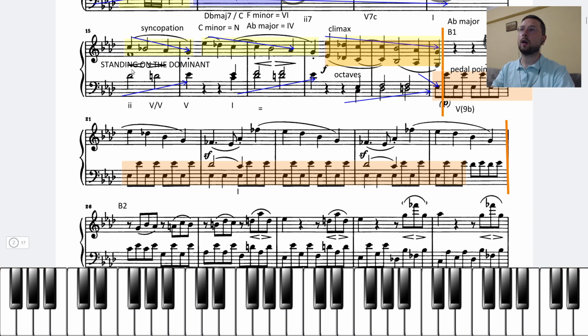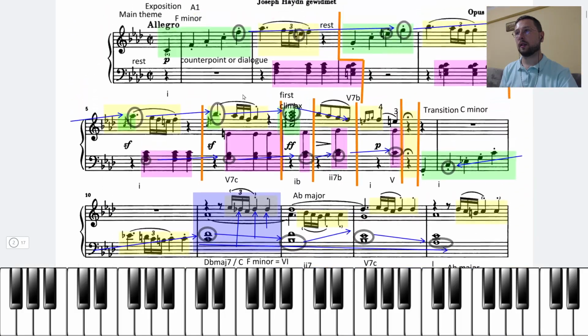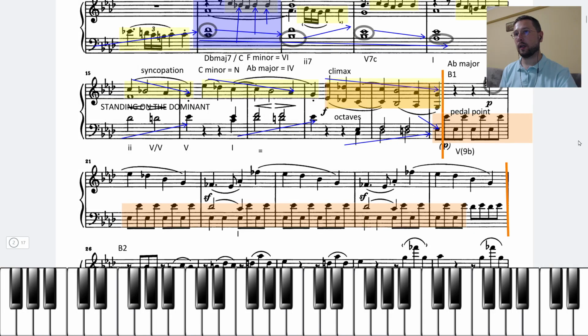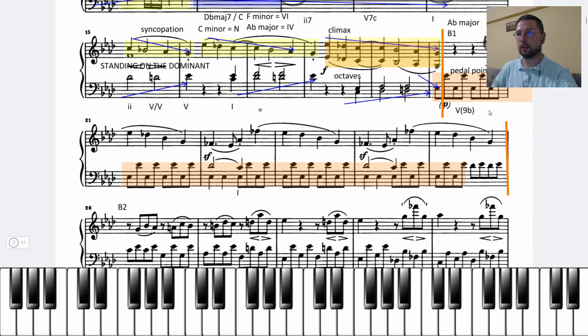So the standing on the dominant in a way here blurs the boundary between where the B1 theme begins and where the transition ends. And that's a very sophisticated technique that points to a very high conscientiousness of how to arrange themes in a more sophisticated manner, not just a straightforward presentation of one idea and another one. So it's a very beautifully connected element.